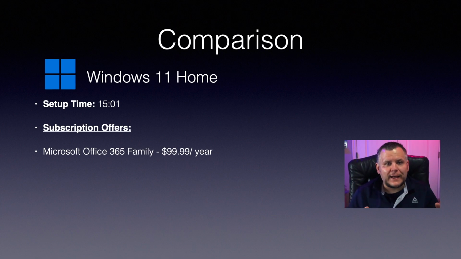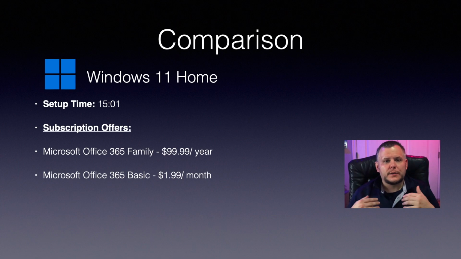When I declined that, I was asked if I wanted to purchase Microsoft Office 365 Basic, which includes 100 gigabytes of cloud storage and ad-free email for $1.99 per month plus taxes.